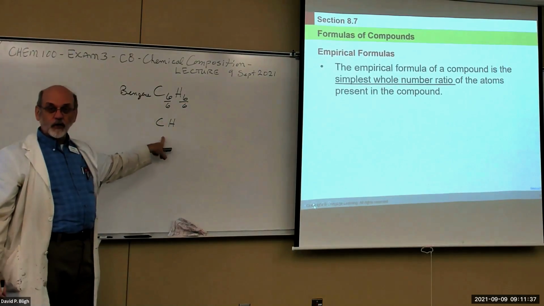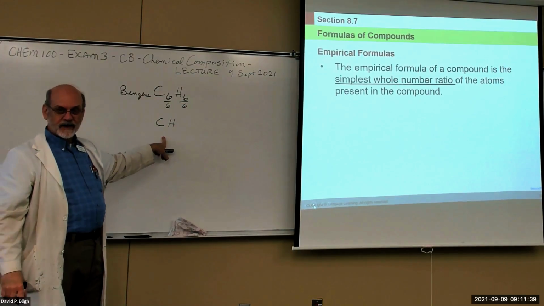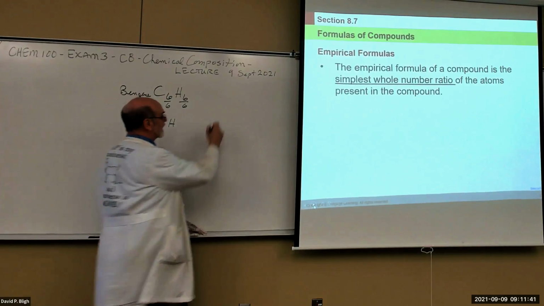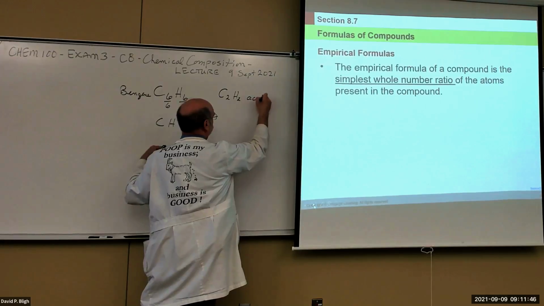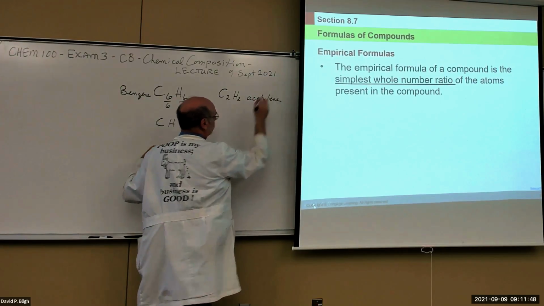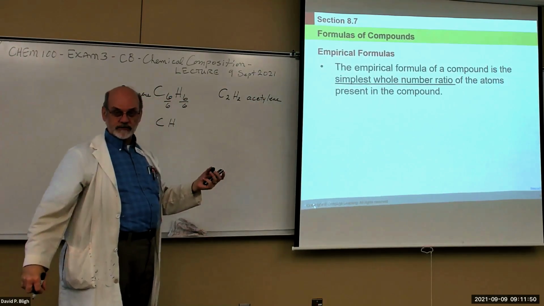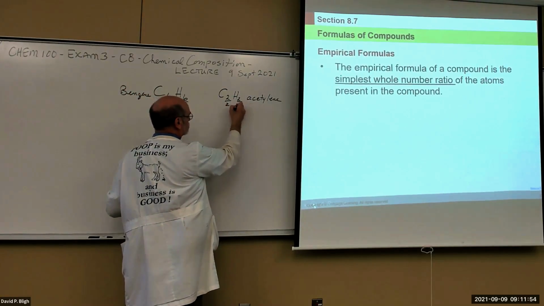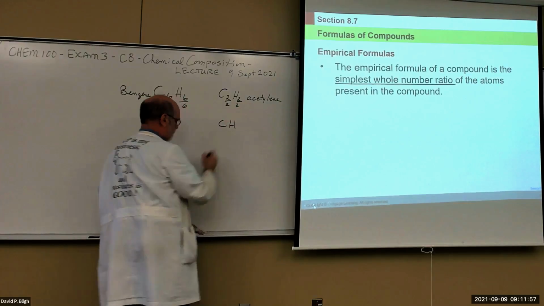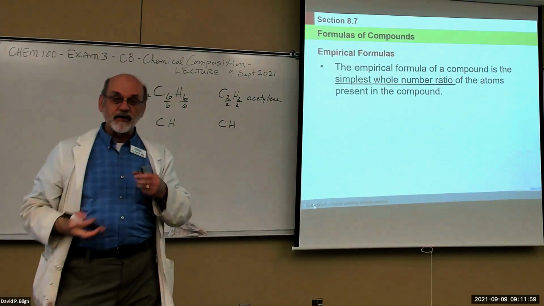This is the empirical formula. But how about acetylene? The gas used in torches. Divide by 2. It has the same empirical formula.